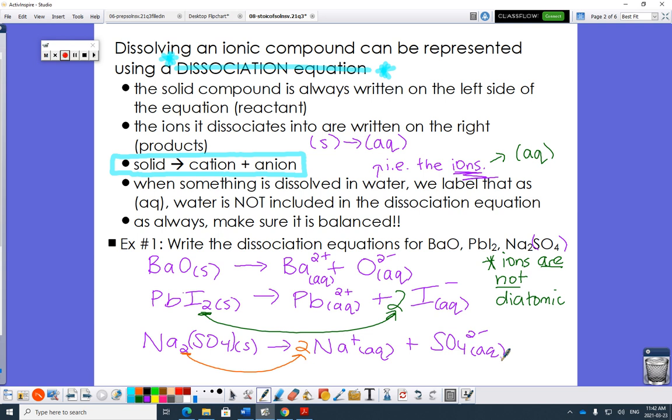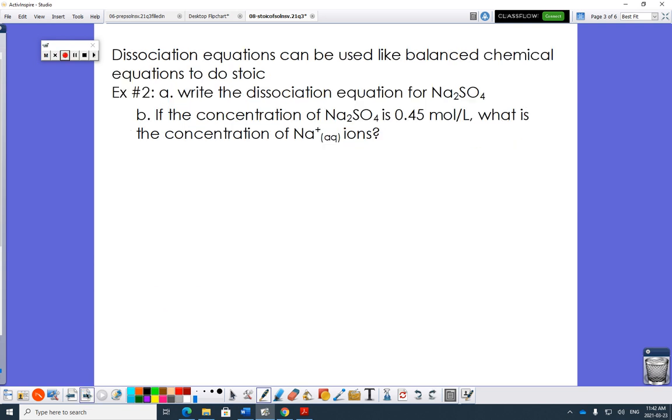This can be very tricky to remember. Even in grade 12, lots of times students will make mistakes because we've spent so much time trying to get you guys to remember the diatomics. Okay, so questions could be like this: write the dissociation equation, and then we can use the dissociation equation to do stoic.